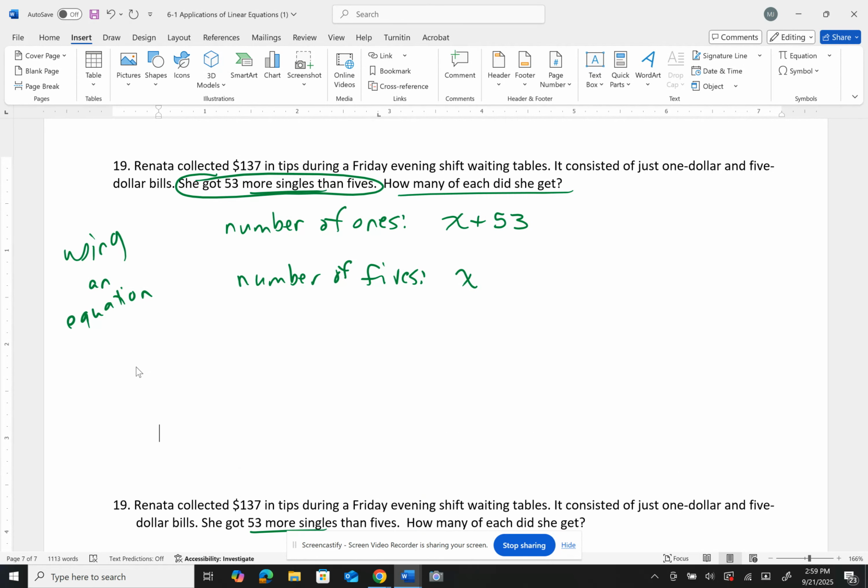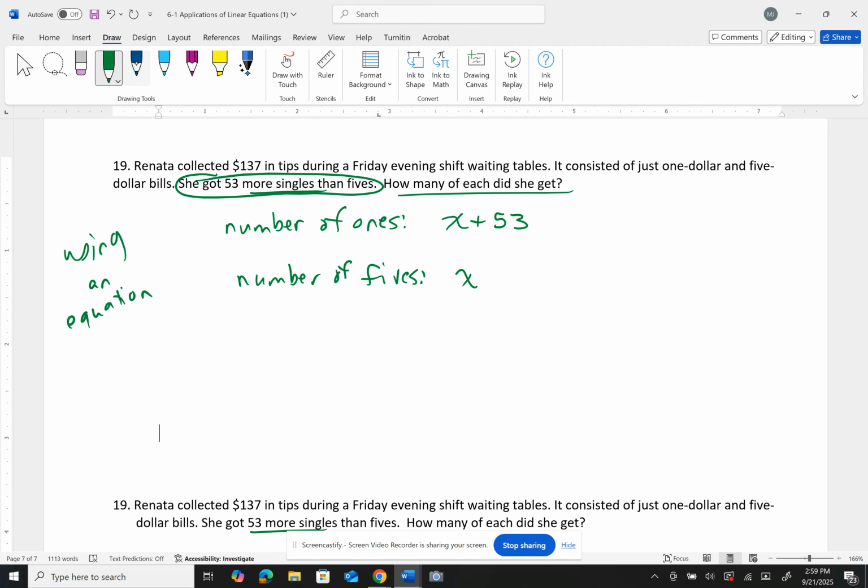All right, now we know the total value should be $137. So think about that. If you had two fives, wouldn't that be worth $10? Okay. So if I took the number of fives and multiplied by 5, that would give me how many dollars I would have at that point.